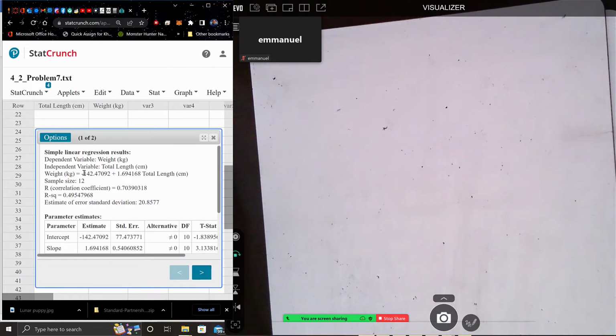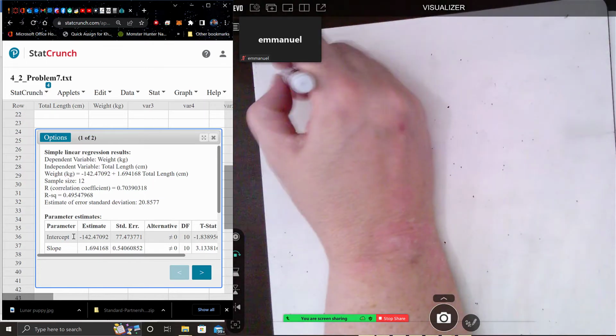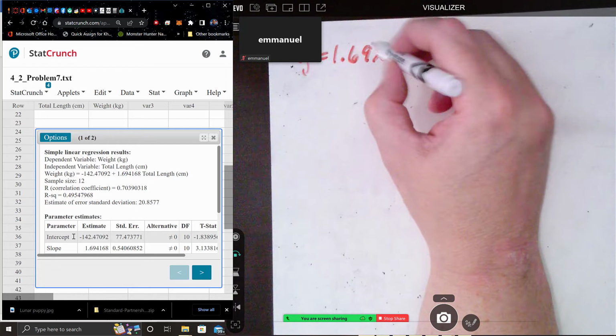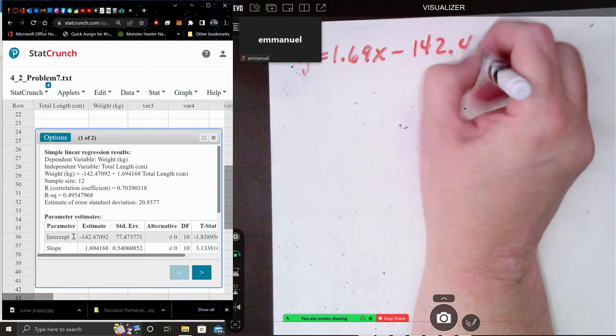And notice these values right here are also the values down here. It might just be easier to pull it from this. Y equals 1.69x minus 142.47.